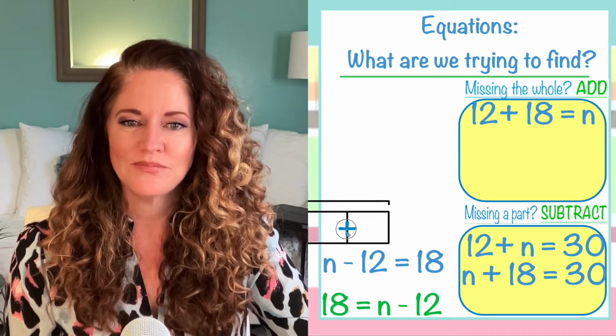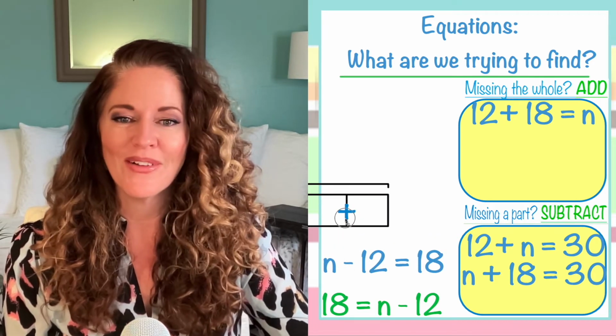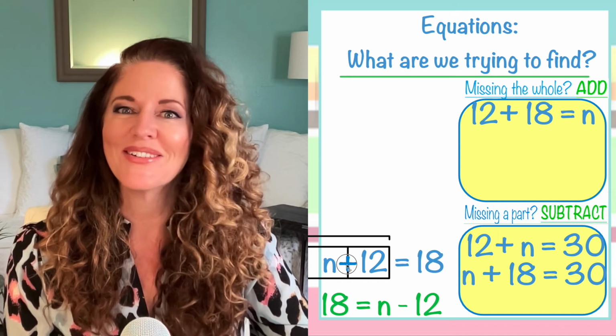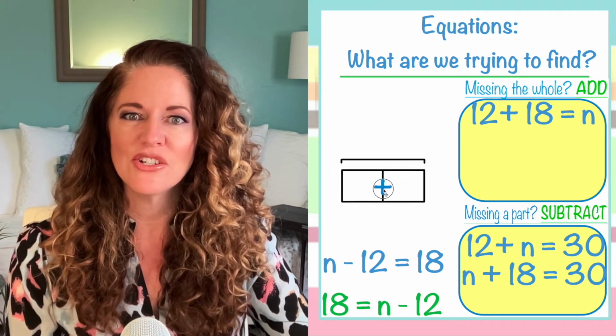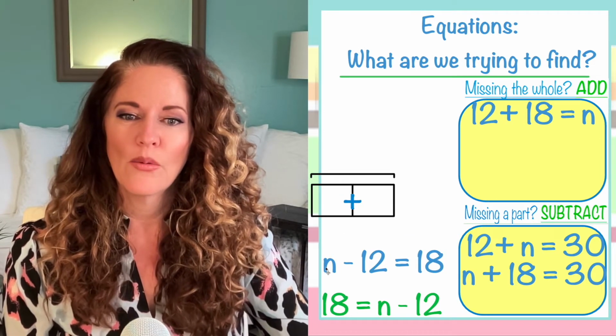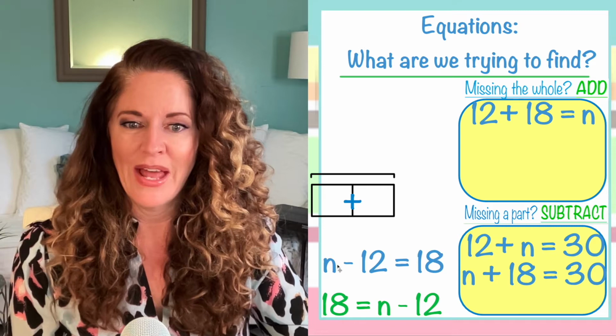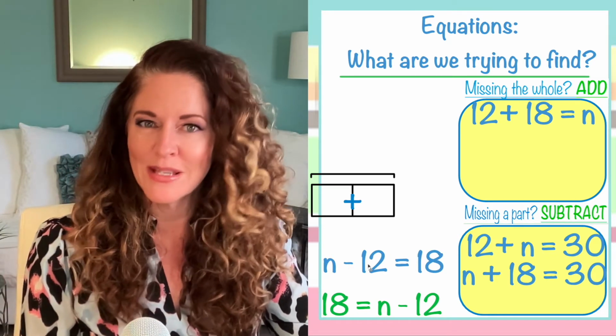Look at this next one. Oh, wait a minute. That's a subtraction symbol. So I can't put my plus sign over the top of it. How would I show this on my part whole tape diagram? Well, look, I have n and I am pulling 12. That's my pulling symbol.